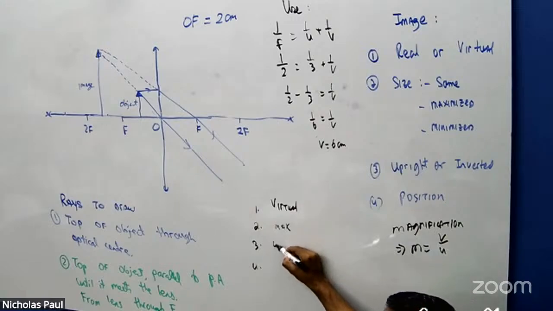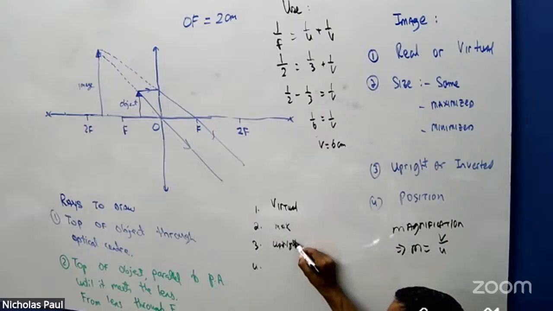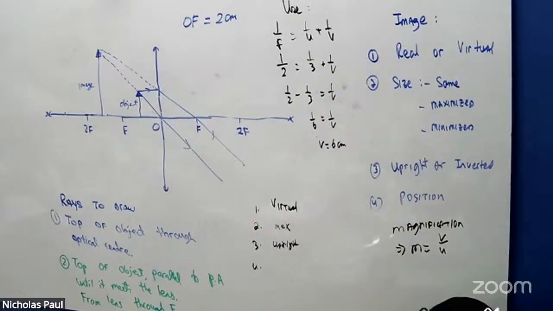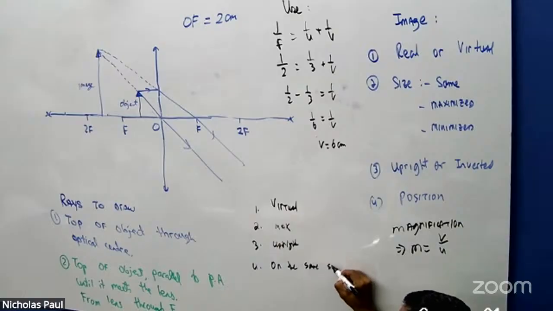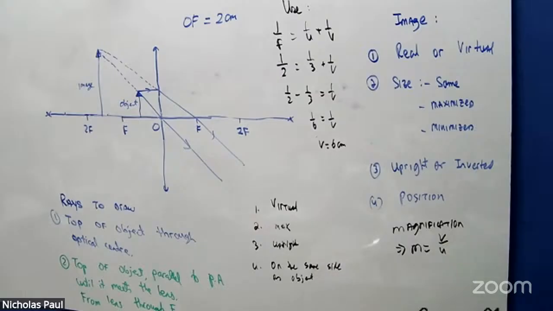Upright. And where is it? Right. When it is describing where it is, here's what you see, right? On the same side as the object, between F and 2F.